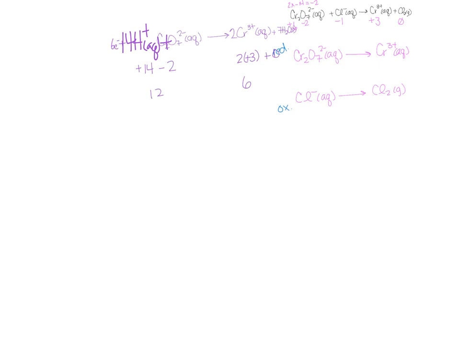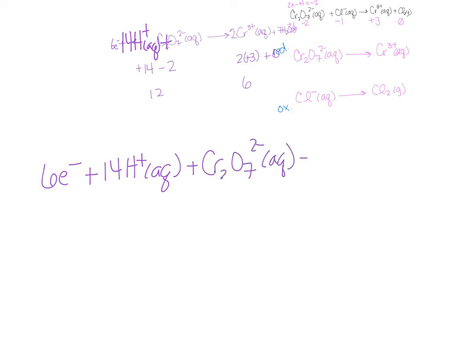So if I were to rewrite that one out, just so we have it, we had 6 electrons plus 14 H plus aqueous plus Cr2O7 2 minus aqueous yields 2 Cr3 plus aqueous plus 7 H2O liquid.